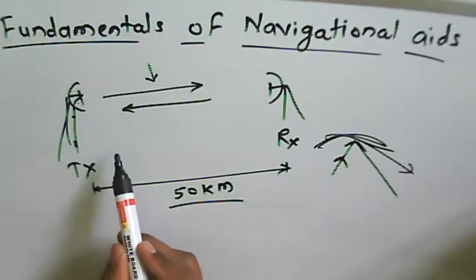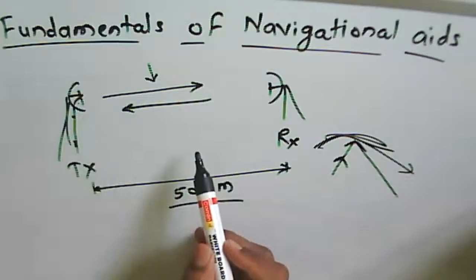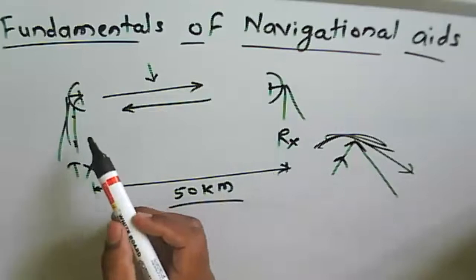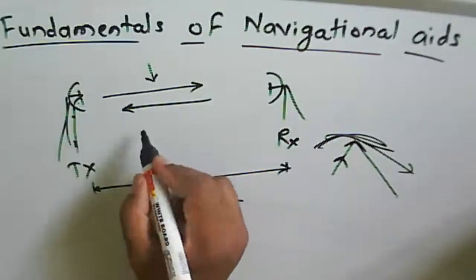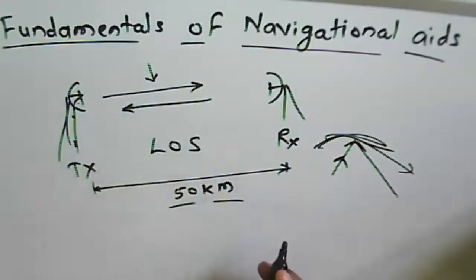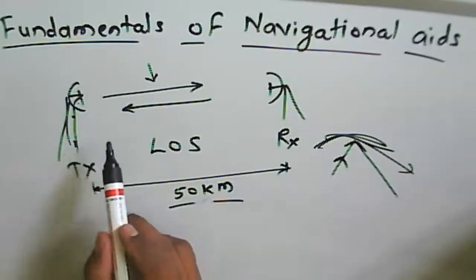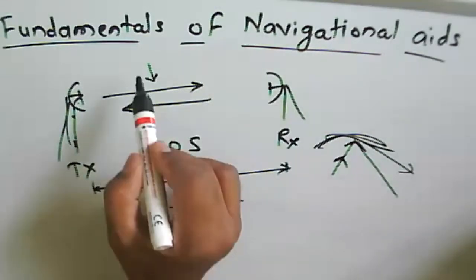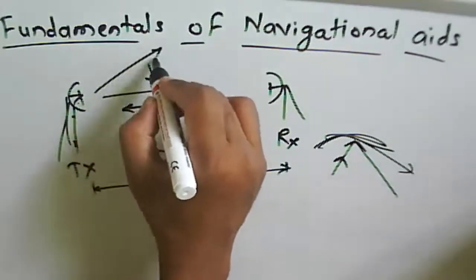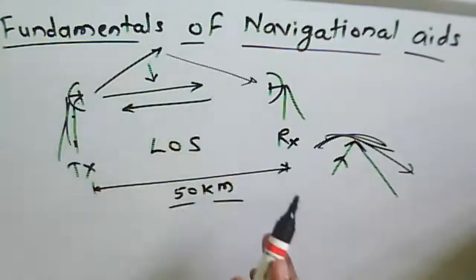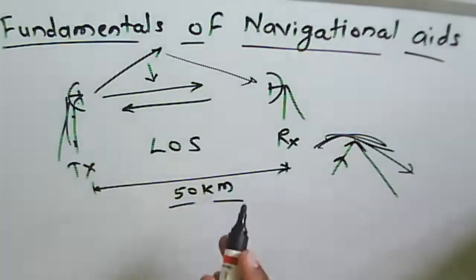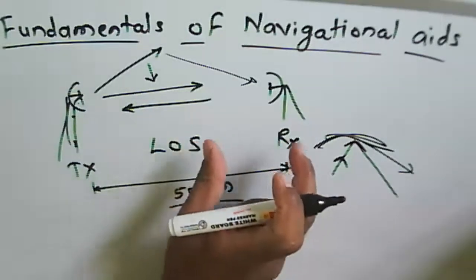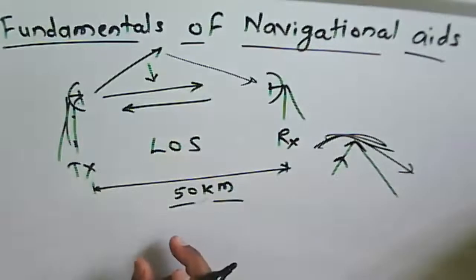Because of the earth's curvature, we cannot go beyond 50 kilometers, so this kind of propagation from one end to another is called line of sight propagation. In this case, the signal is transmitted from one end to the other, or the signal propagates in the sky and is then reflected from the sky. So there is ground wave propagation as well as sky wave propagation.